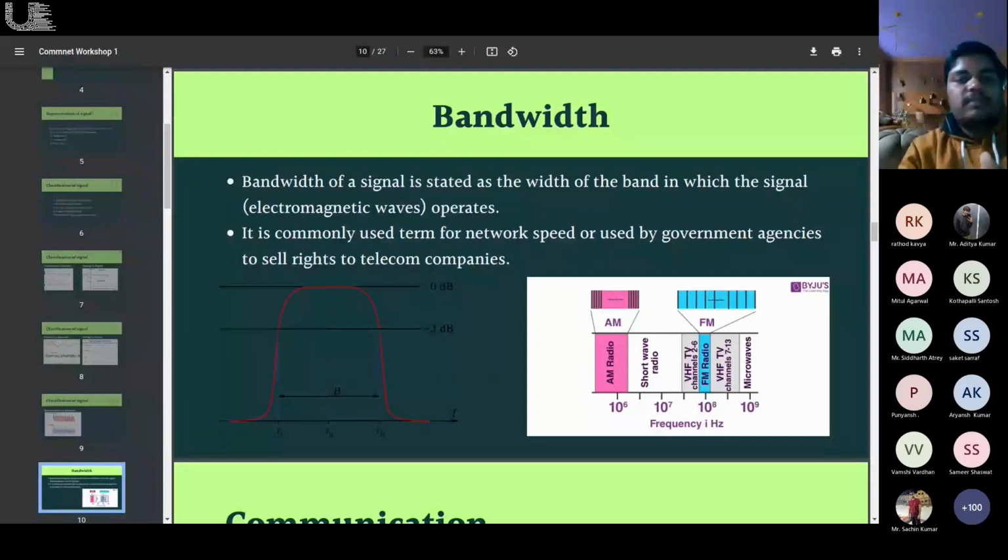So when a signal is being transmitted from transmitter to receiver, it has different amplitude at different instants of time. We represent that amplitude in terms of dB. So dB is equal to 10 log base 10 of amplitude divided by maximum amplitude.